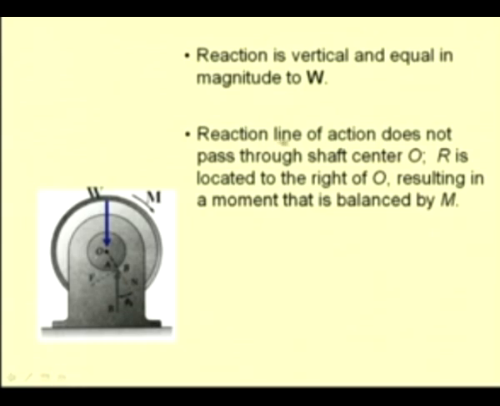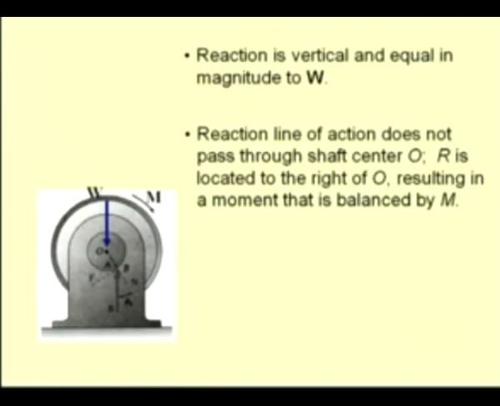The line of the reaction, which is passing through B, does not pass through the shaft center O, which is the case when the shaft is idle. The reaction passes through O when the shaft is idle, but now it has been shifted to a location because of the motion of the axle.